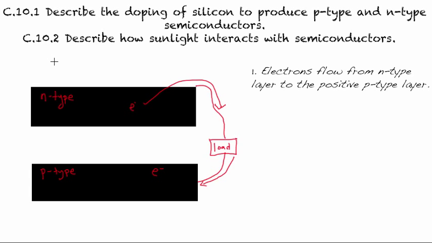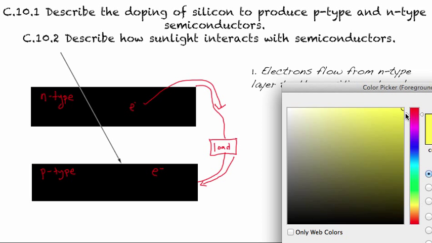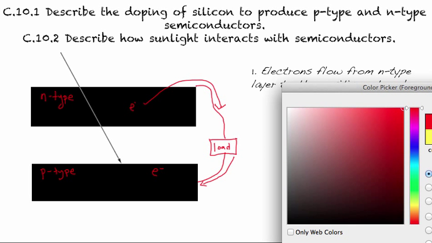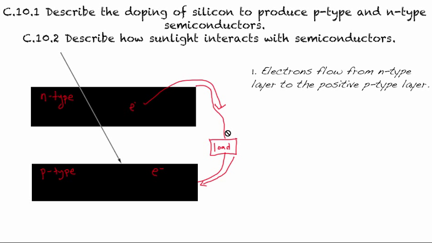What happens is the sunlight comes down into this layer here, and it strikes one of these electrons, and then it ionizes it so that it returns back to the N-type layer. So that completes the circuit.